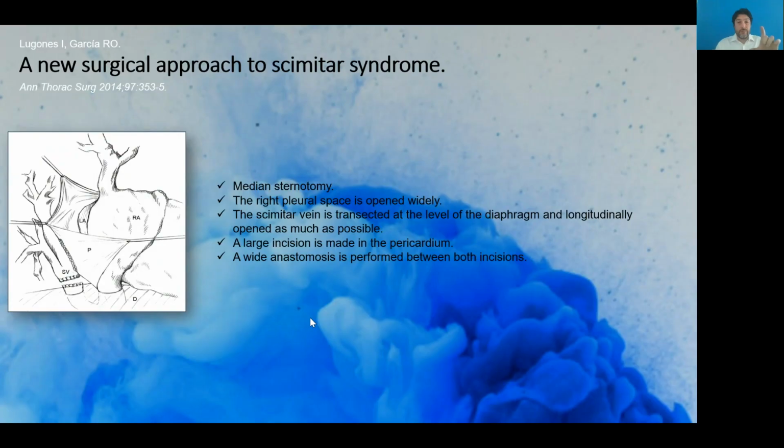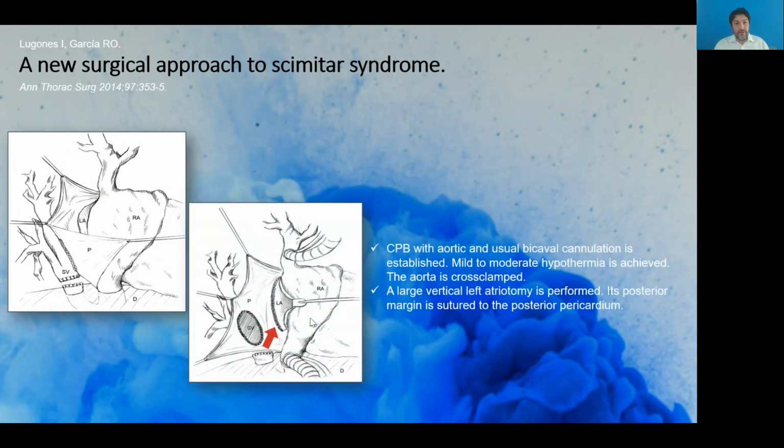What we want is to make a big hole on the lateral aspect of the vein in order to be able to suture it to a large incision made in the pericardium. So we make a wide anastomosis between the incision in the lateral aspect of the vein and the pericardium. There you can see the scimitar vein draining inside the pericardial sac.